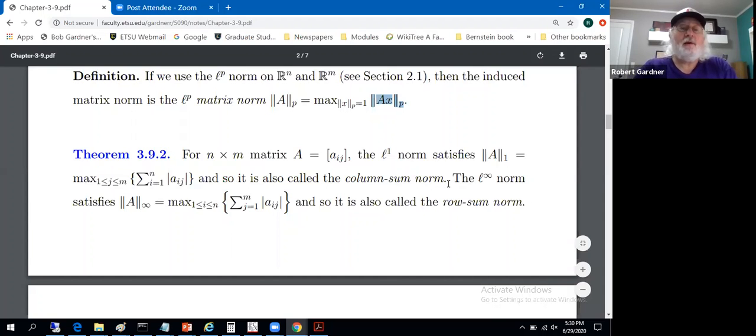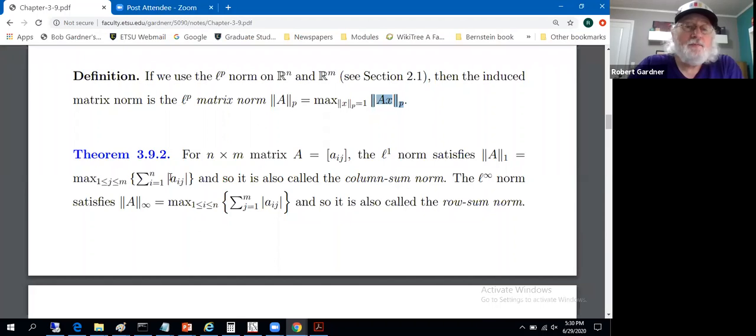Okay, well, let's diagnose that. Ignore this part out here, and let's look at the stuff in the set parentheses. What we're doing is fixing j inside the set and summing over i. So we're looking at the sum of the absolute values of the entries in the jth column of matrix A. That's why it's called a column sum norm. So we're taking absolute values along the jth column and adding them up from i ranging from 1 to n.